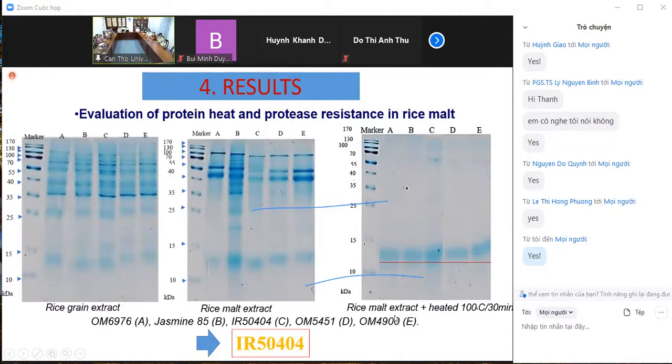In this gel, we can see the surviving heat-resistant protein at about 14 kilodalton. So we can choose the rice variety IR 50404 to make malt and beer later.